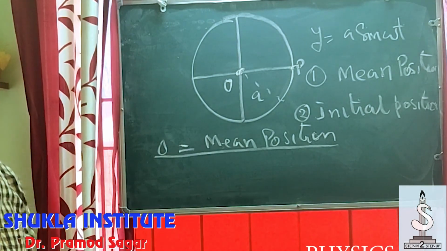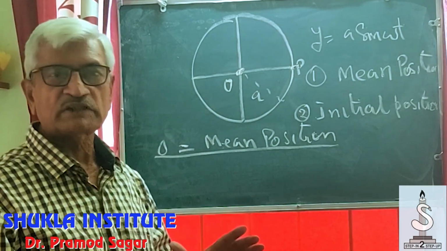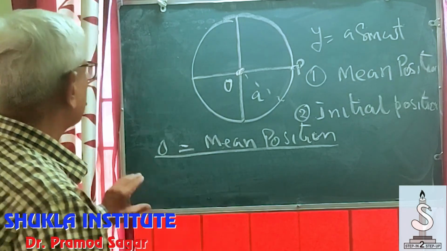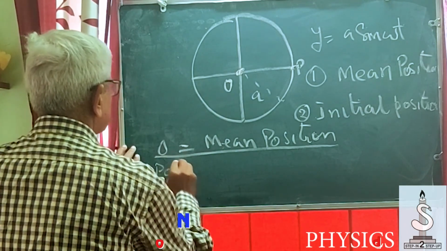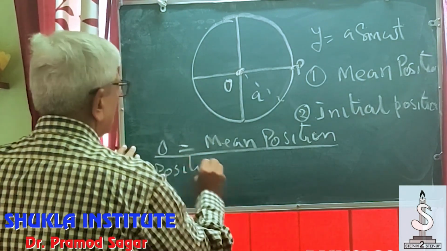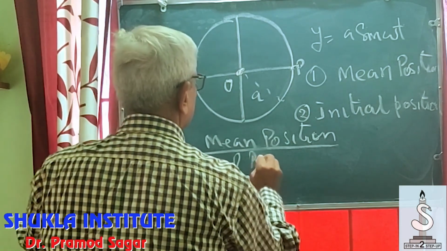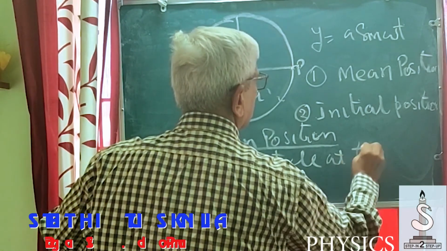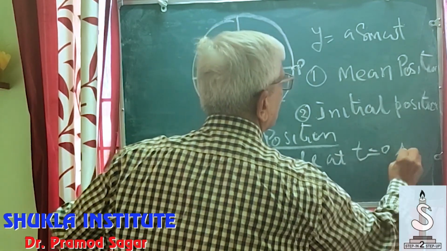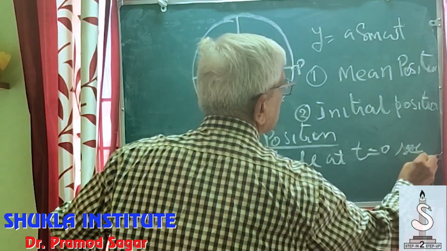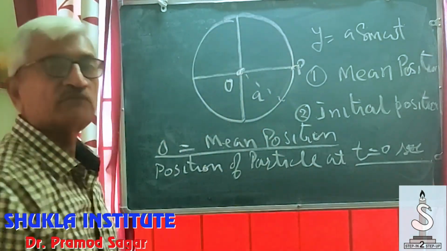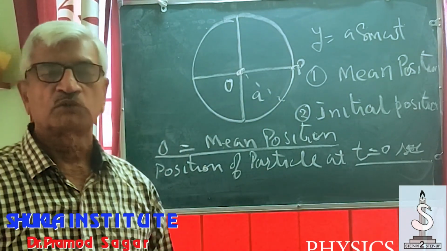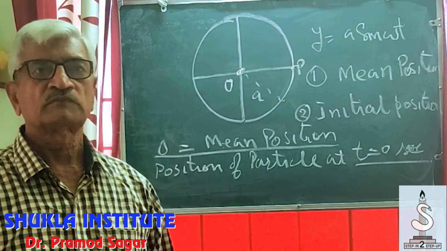Initial position. Initial means with respect to time, the position of the particle. This is a very important thing to understand. Position of the particle at t is equal to 0 second, that is when we start observing the motion of the particle.